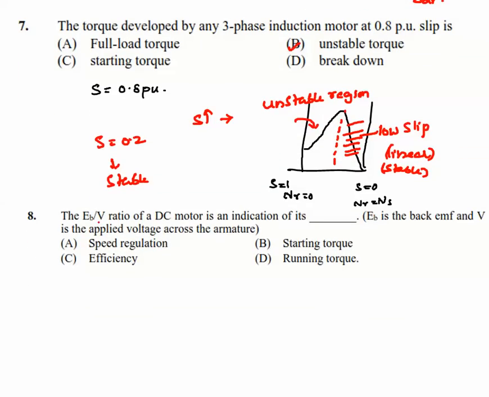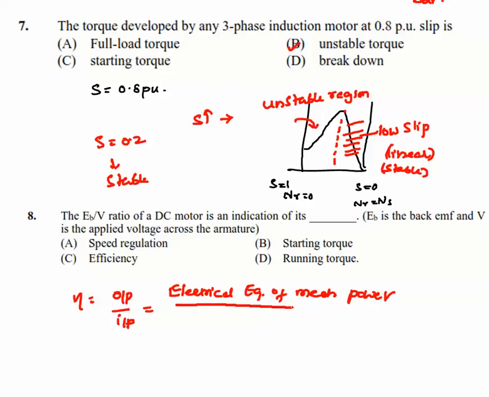The EB by V, that is back EMF by supply voltage, ratio of a DC motor, is an indication of what. Normally efficiency is given by output power divided by input power. Here the output is the electrical equivalent of mechanical power, because it's a motor, and divided by the supply, which is electrical power.